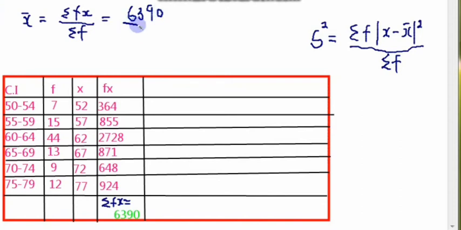This will be divided by summation F. Go to frequency and add everything under frequency. When you add everything, summation F will be 100. So 6,390 divided by 100.